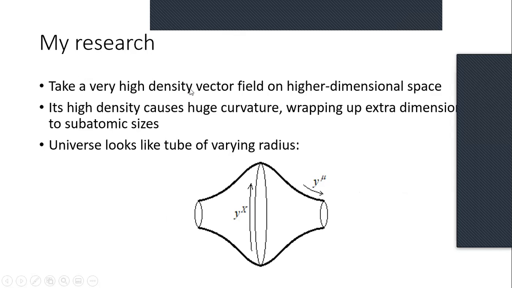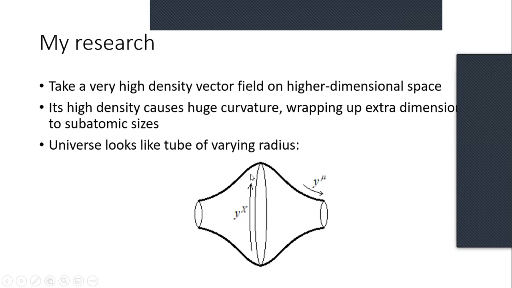I take a very high density vector field on a higher dimensional space. The high density causes a huge curvature, which wraps up the extra dimensions to these subatomic sizes. And the geometric structure of the universe is like a tube of varying radius.